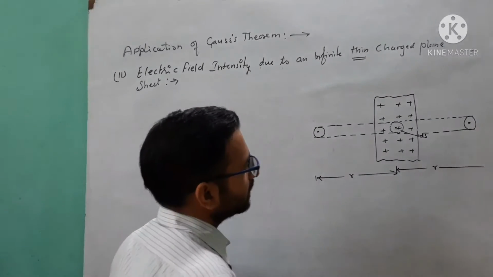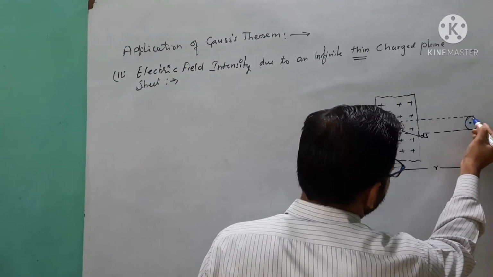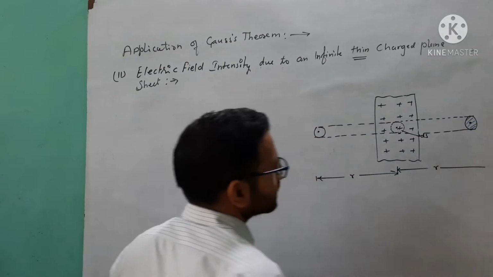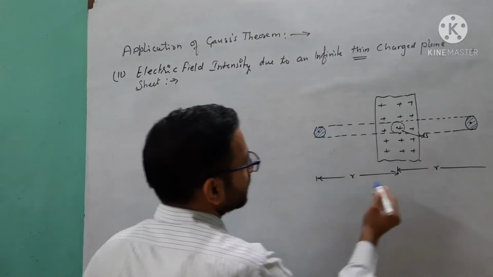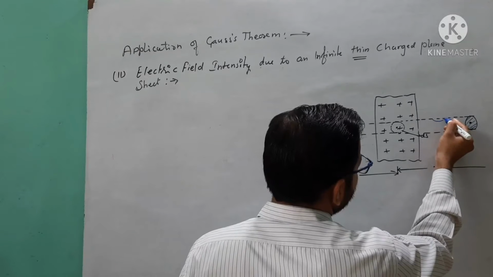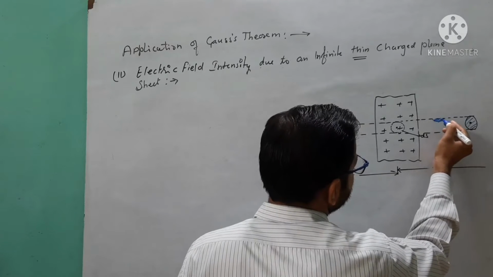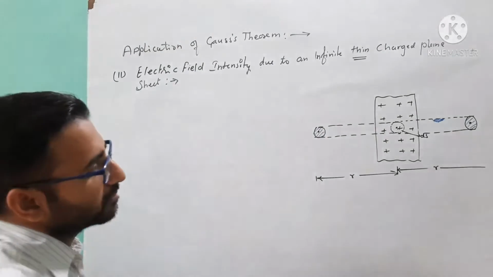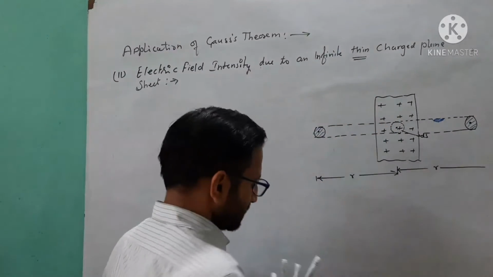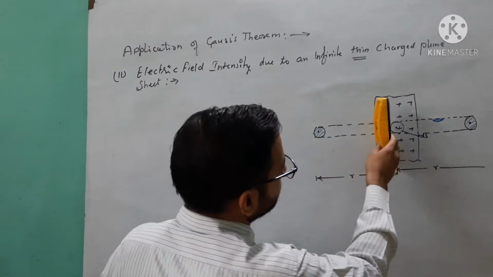Here we have three surfaces: the right hand side cross sectional area, the left hand side cross sectional area, and one more, called the curved surface area. As we know, the positive charge is distributed uniformly in the sheet.